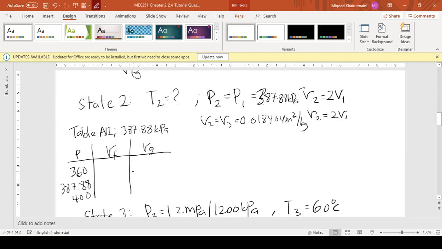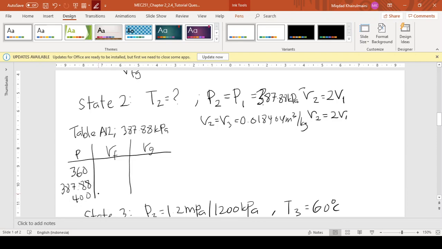We have to check with the highest value first. So for Vg, we can read the values at 360 and also 400 kilopascal.